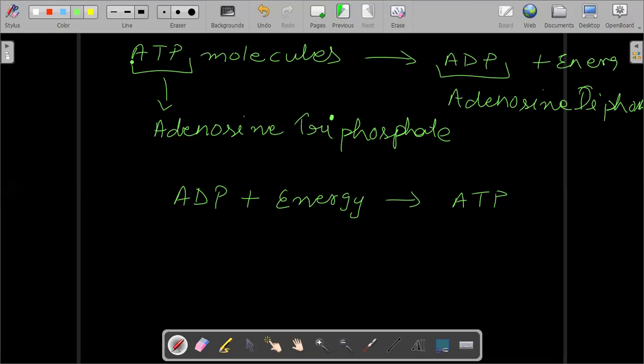Aerobic respiration. How many ATP molecules are produced in aerobic respiration? So I think 32 ATP molecules. Yeah, 34 ATP molecules are produced in aerobic respiration, and during anaerobic respiration 2 ATP molecules are produced. So these ATP molecules are the measure of how much energy is generated. Got it?